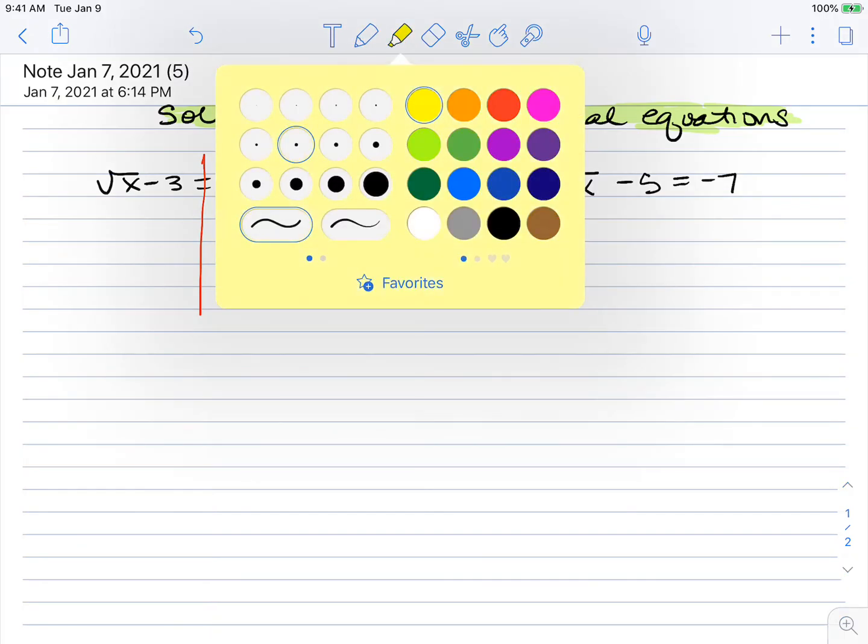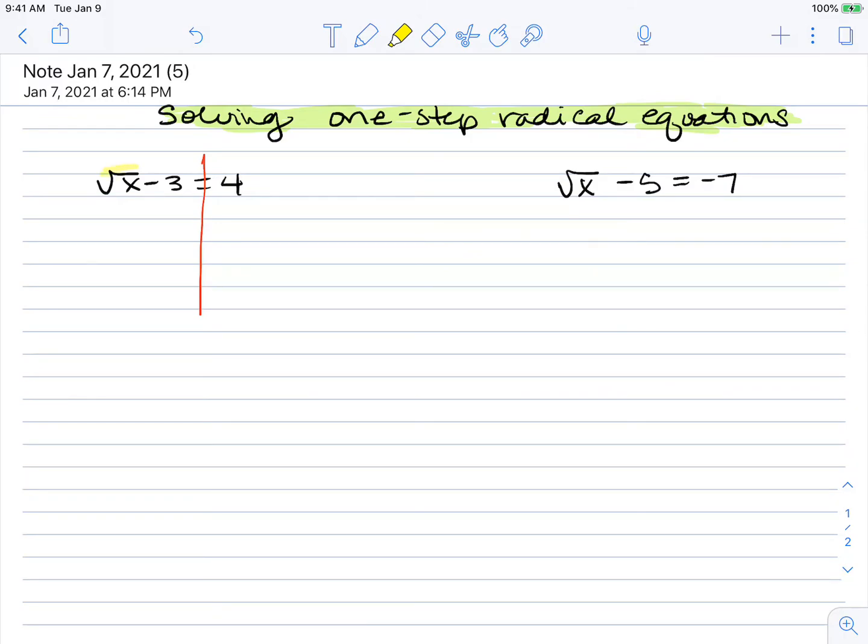The part that I want to get alone is this part. I move things away from it, so I move it across the equal sign. That's my goal, to get things away from the part that I've highlighted.